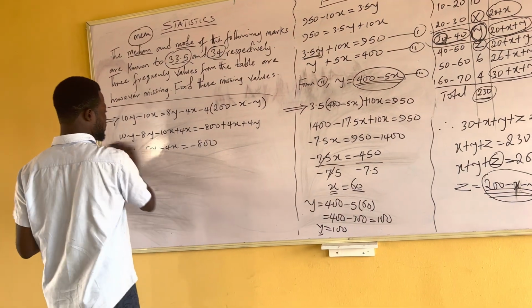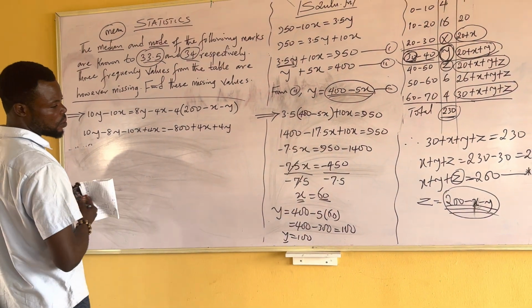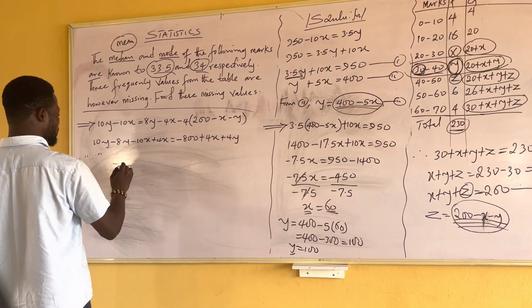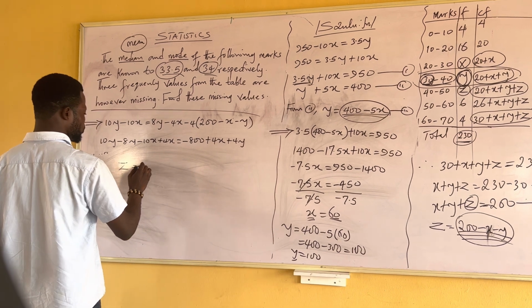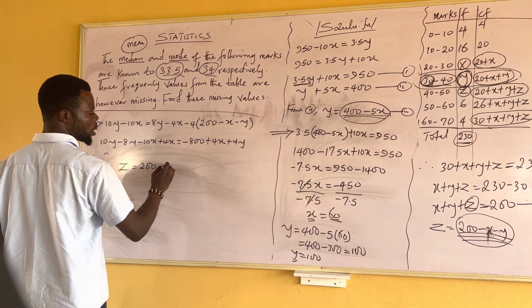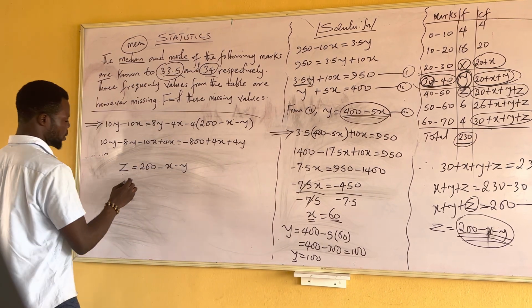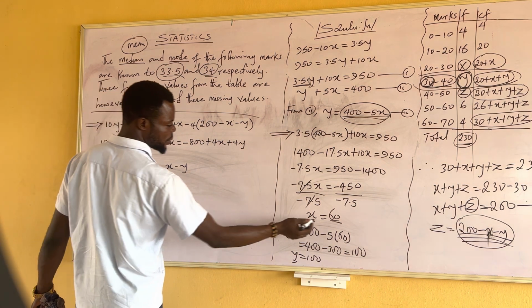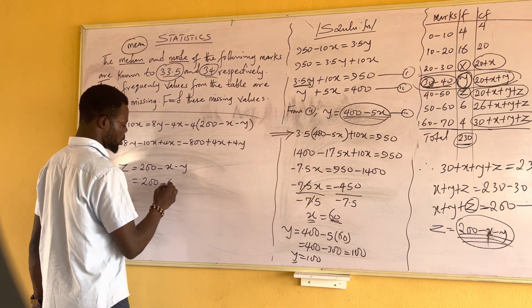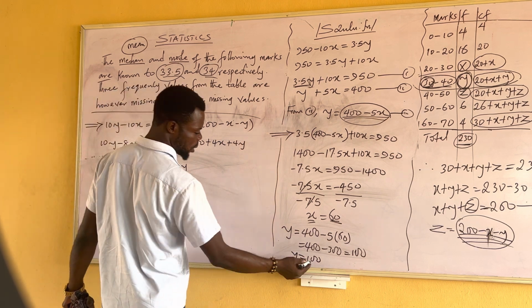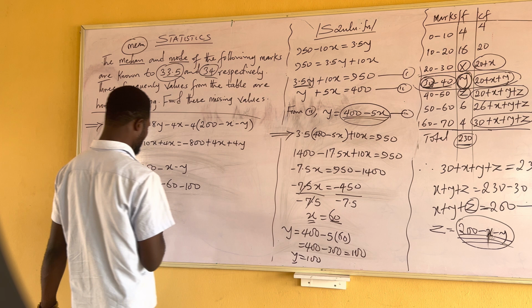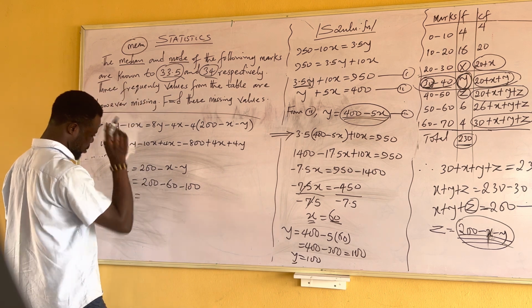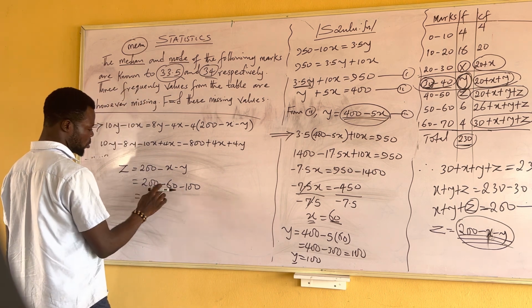So in solving that, we can now have our z equal to 200 minus x minus y. Which is equal to 200 minus our x, which is 60. So we put it here, minus our y, which is 100. So this one will give us 300, this will be 40.